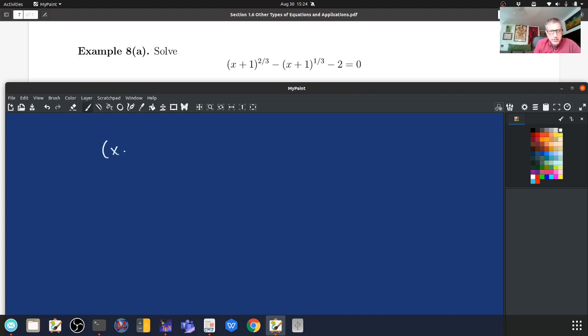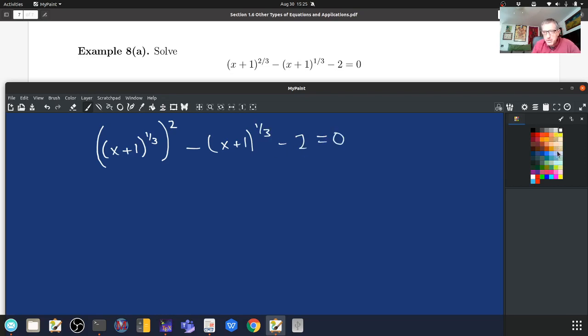Instead of x plus 1 to the 3/2, I'm going to write it as x plus 1 to the 1/3, and all of that is going to be raised to the second power. 1/3 times 2 is 2/3, and that's what I have there. Then I have x plus 1 to the 1/3 minus 2 is equal to 0.